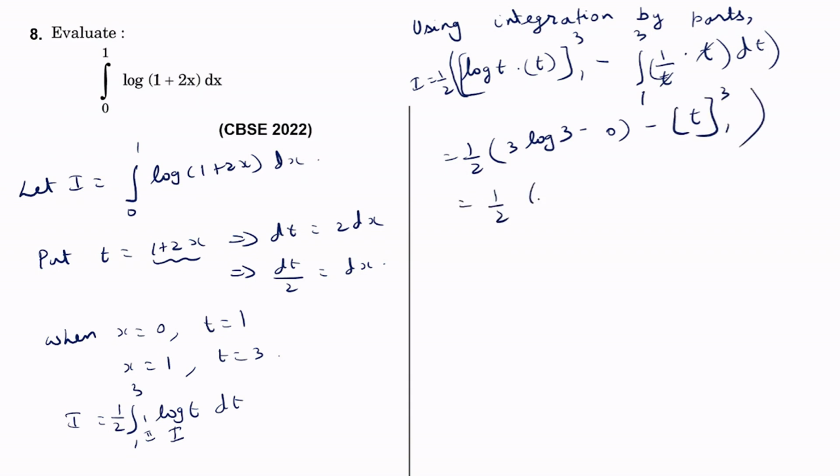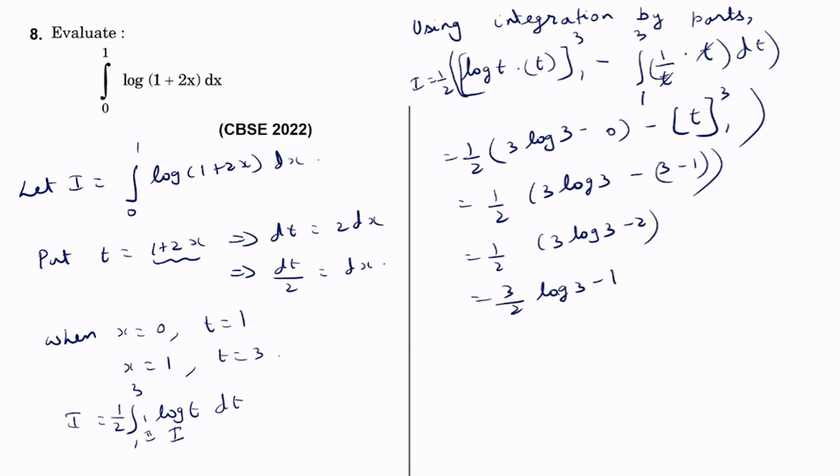So this is half into 3 log 3 minus, upper limit is 3, lower limit is 1, so it is 3 minus 1. So this is half of 3 log 3 minus 2, or it is 3 by 2 log 3 minus 1. So this is the value of this given integral. And this question also carries 3 marks.